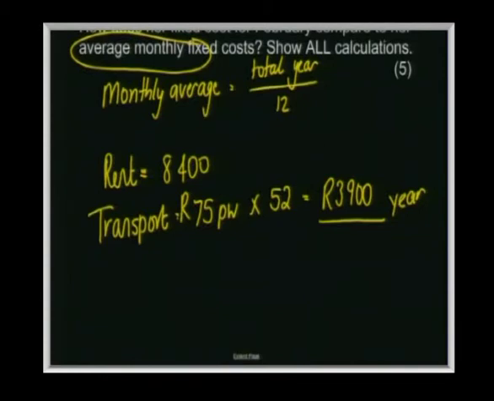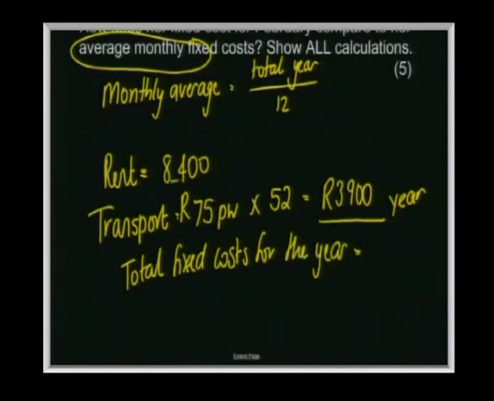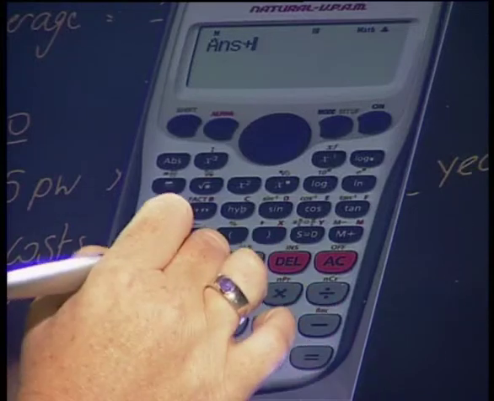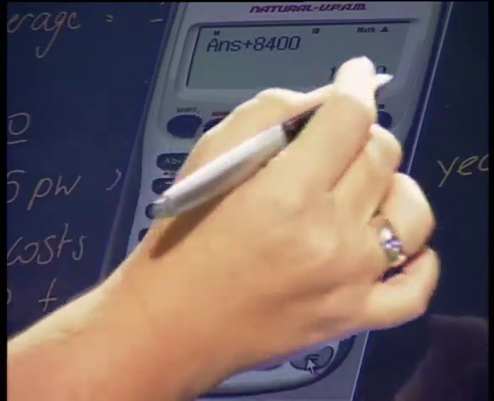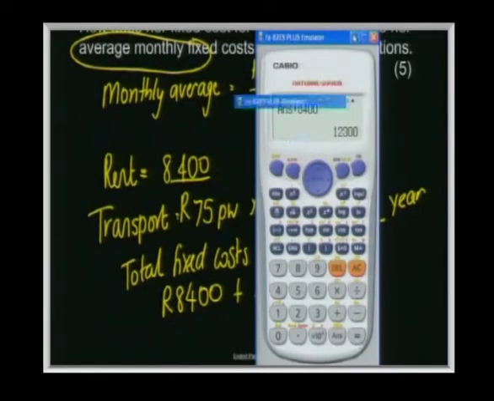So the total fixed costs for the year is going to be that plus that. So it's going to be the 8,400 plus the 3,900. So that's 12,300 for the whole year.